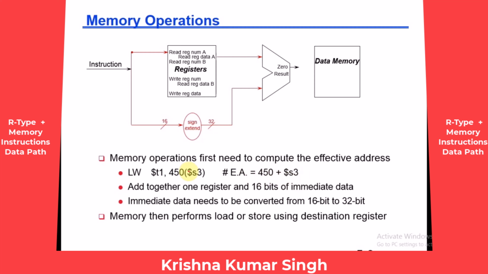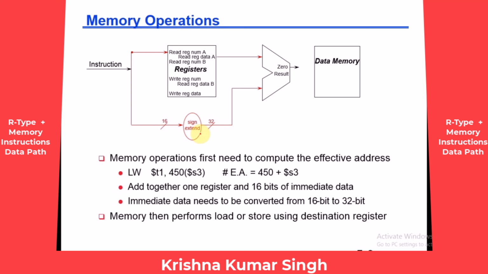This part of the instruction is a 16-bit value. It should be extended into 32 bits because the ALU only accepts 32-bit values. We have to extend this number into 32 bits, and for this purpose we use the sign extension method.